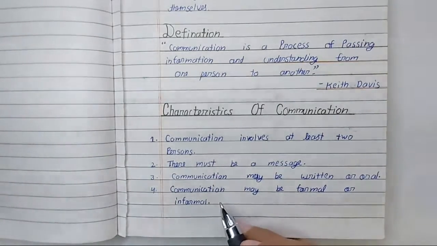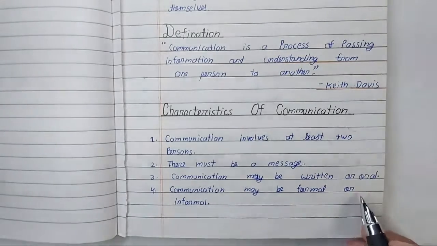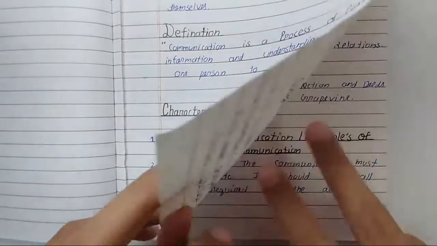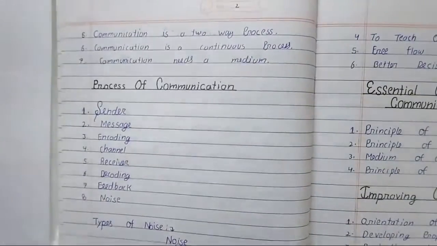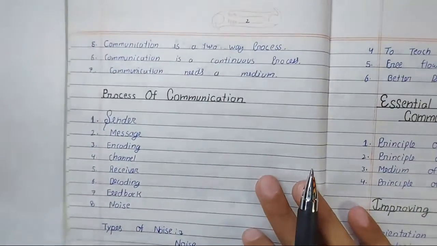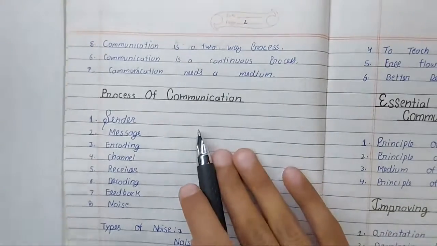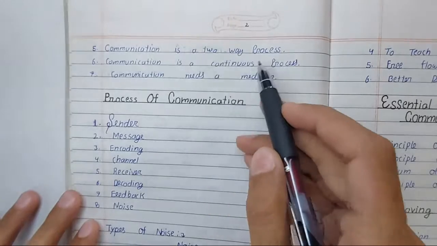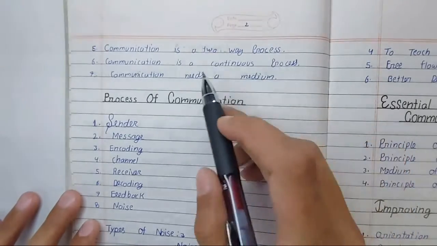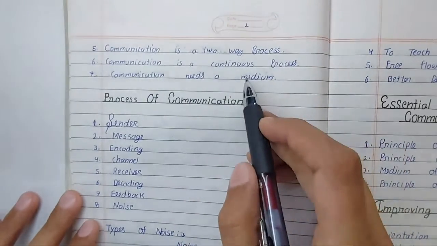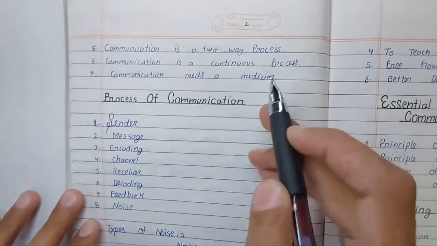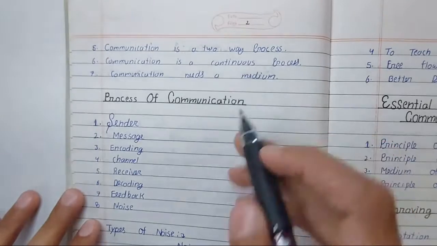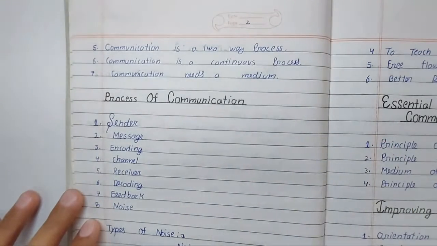Fourth, communication may be formal or informal. Fifth point, communication is a two-way process. Communication is a continuous process. And last point is communication needs a medium. Without medium, communication cannot be done.